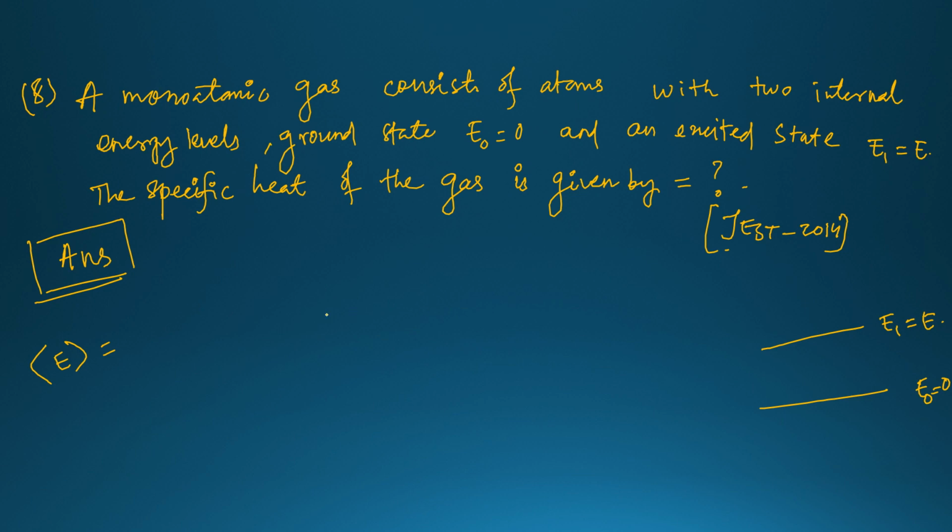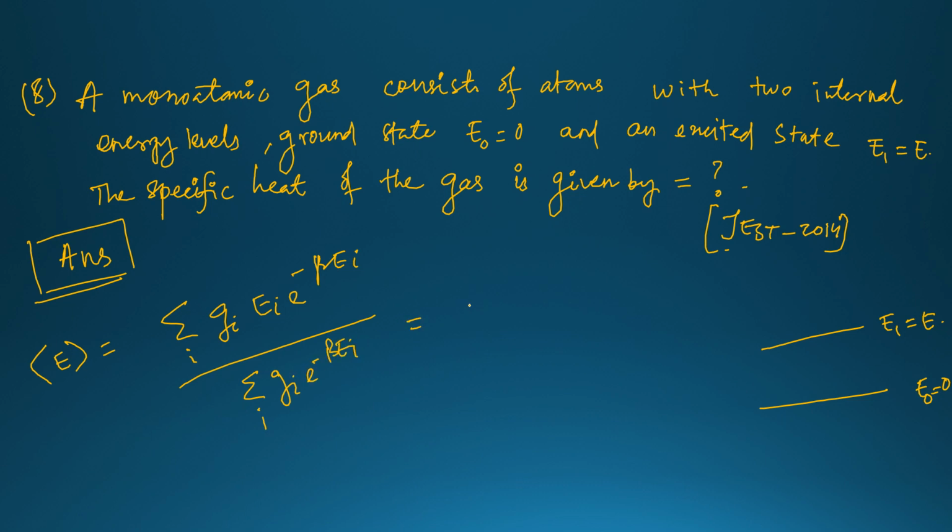How much from this? Summation over i of gi Ei e to the power minus beta Ei divided by summation over i of gi e to the power minus beta Ei. So what is it? E e to the power minus beta E divided by 1 plus e to the power minus beta E, if you check.